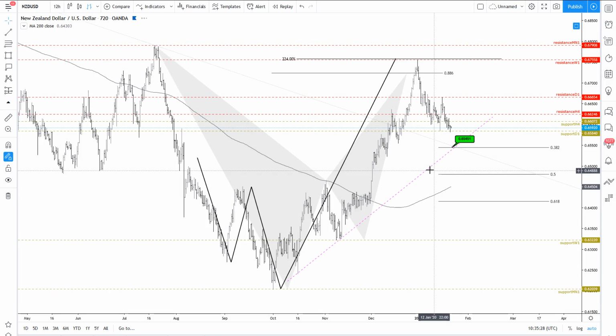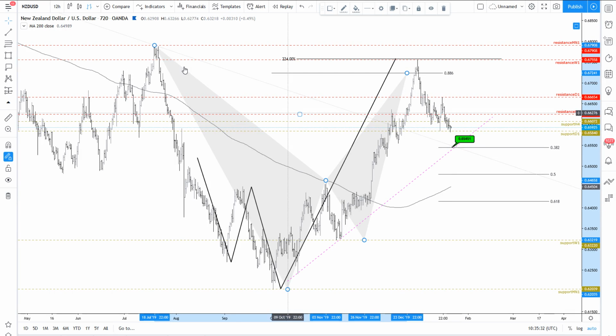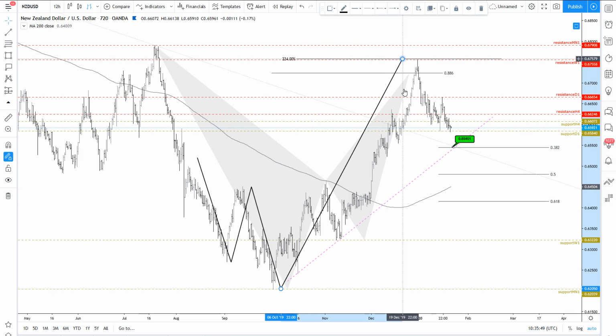We have this bearish bat pattern at 88% fib, this gray M shape, or W shape, I'm sorry, kind of bearish bat pattern, and at the same price level, the market almost nailing that 224% Fibonacci extension, this sharp pattern extended at those levels.